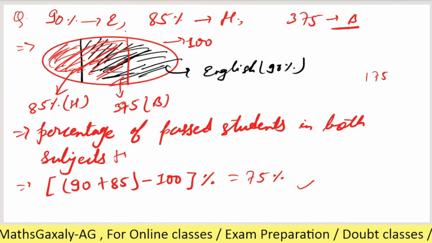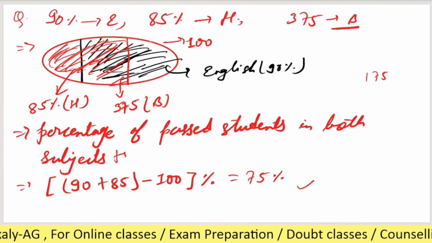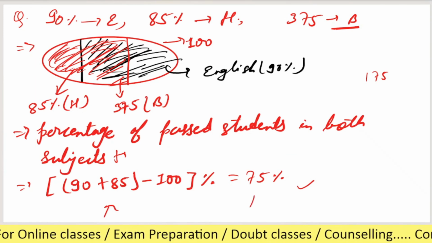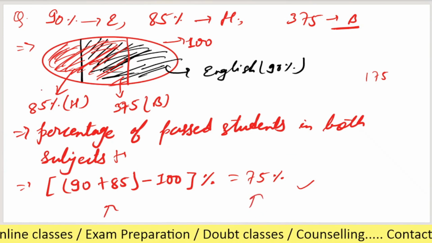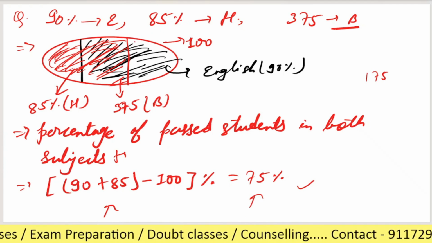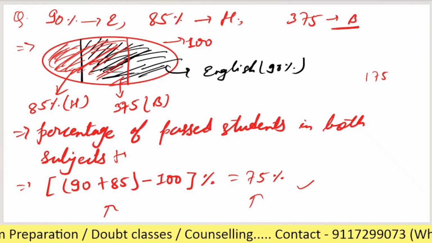I drew this diagram just to explain to you. When you sit in the exam and this type of question comes, you just have to add the two, 90% and 85%. The extra which you get is the percentage or number of students who passed in both subjects.